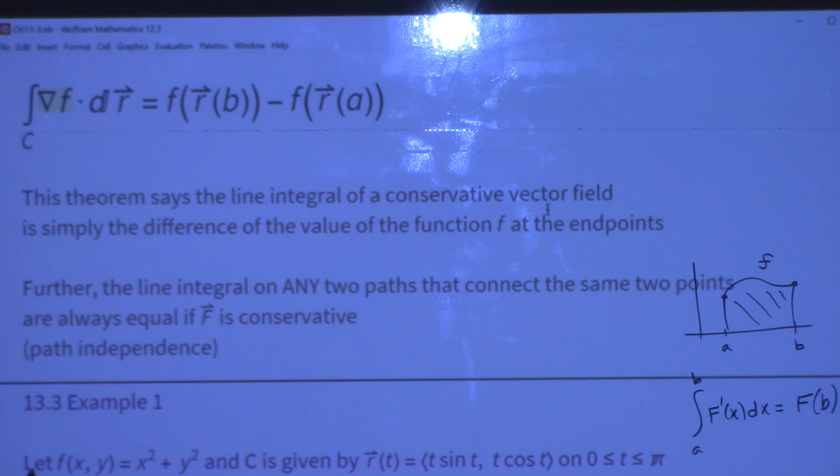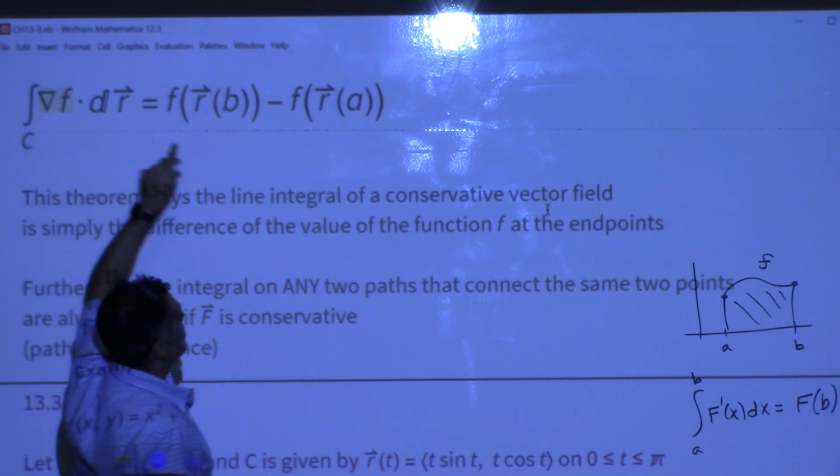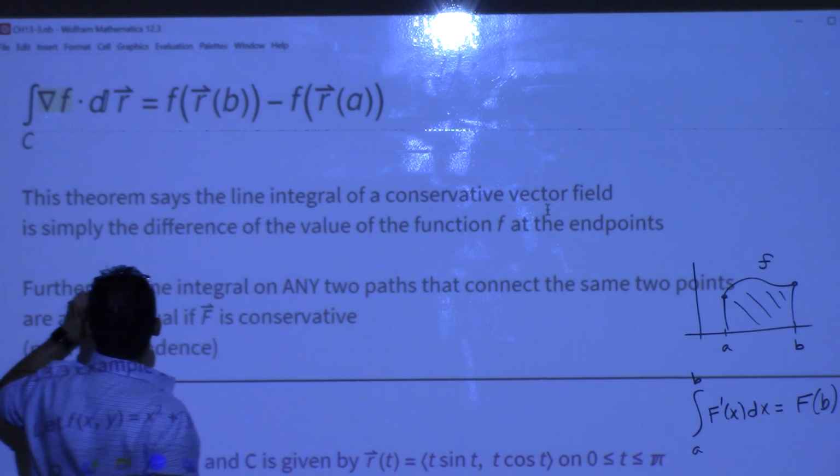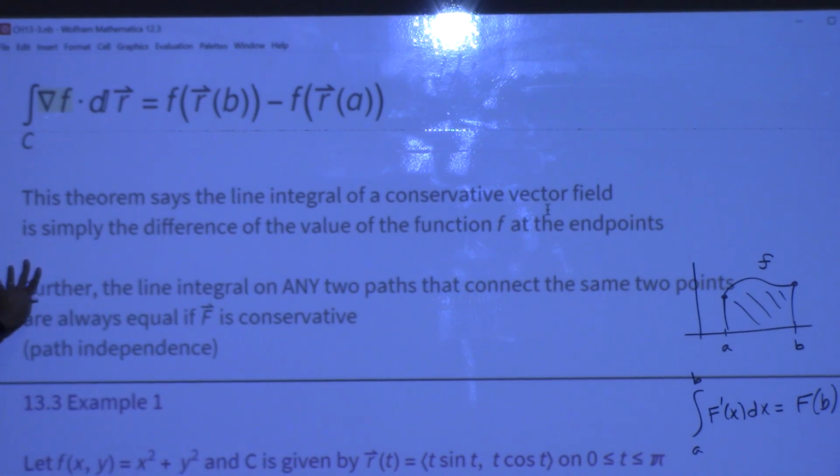That's the definition of conservative. So obviously that's the gradient of a scalar function, right? So that's conservative. So this theorem is saying that as long as this is a conservative vector field, which it is, then this answer will simply be the difference of the value of the function at the 2 endpoints of the curve.